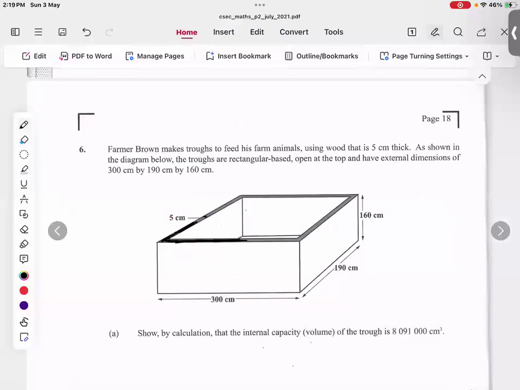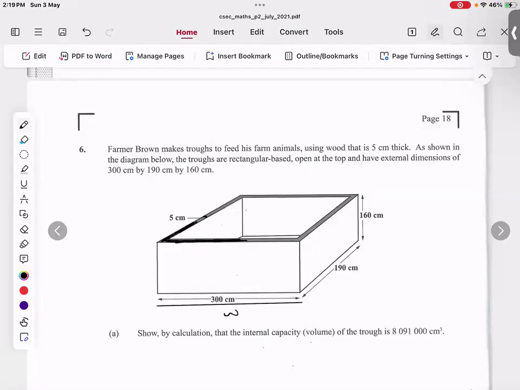Now, as shown in the diagram below, the troughs are rectangular based. So it's a rectangular trough, open at the top, and have external dimensions of 300 by 190 by 160. In this case, I'm going to use this 300 to be my width.